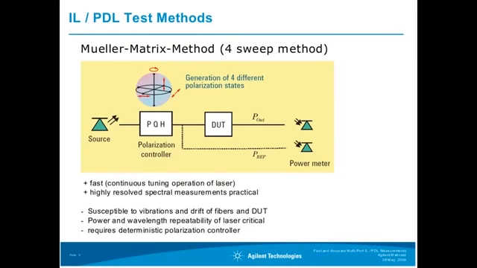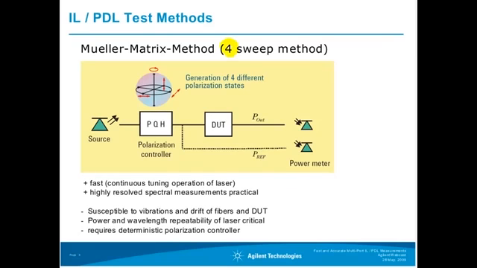And in order to move to a practical way to measure broadband components as you have them in WDM systems, the Müller matrix method was invented several years ago. This method basically uses a different approach. It considers that you generate a number of states of polarization, and the number is typically 4.